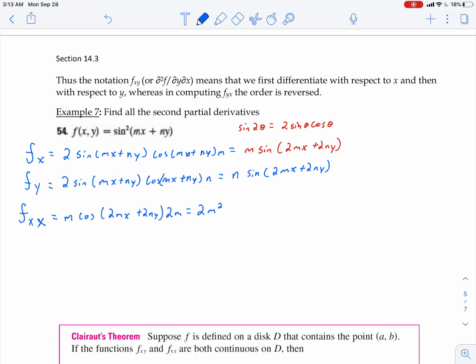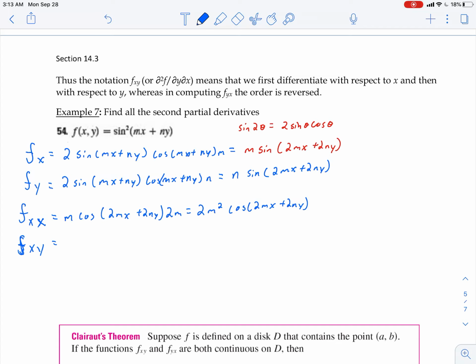So we're just left with 2m squared cosine of 2mx plus 2ny. Again, you didn't have to use the identity, but taking the second partial derivative would have been more of a pain.